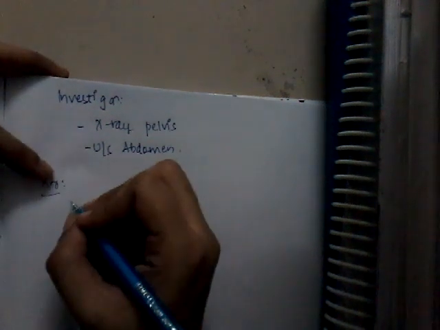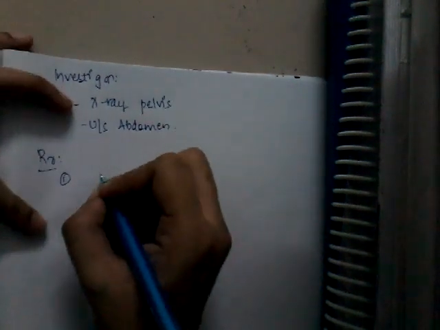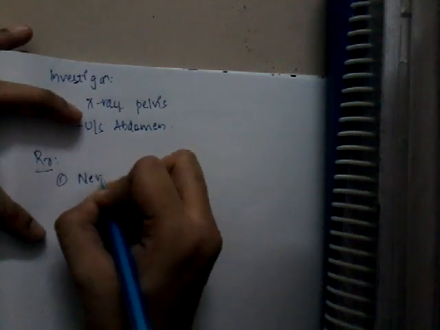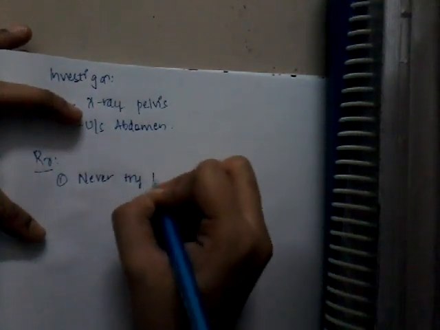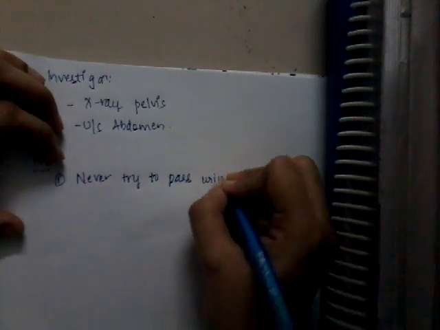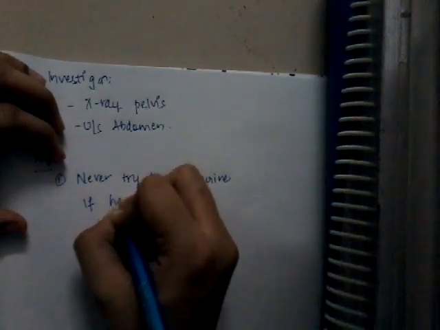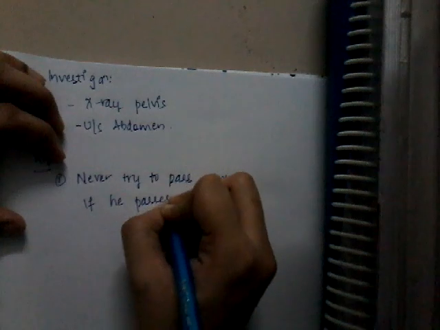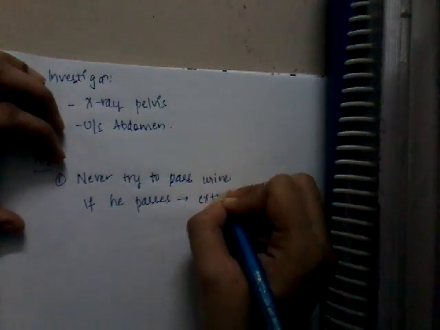So here, first the patient should be told never to try to pass urine. Because if he passes urine, what happens? Then extravasation of urine occurs.